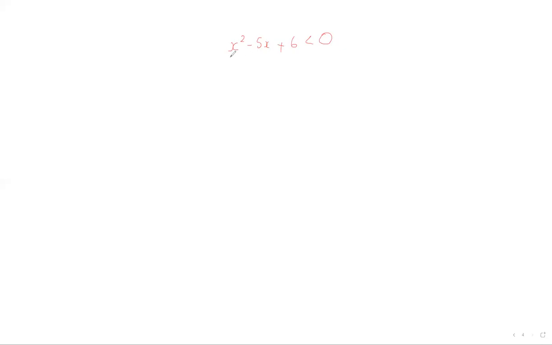But you know the factors here are x multiplied by x, factors of 6 are 3 and 2, negative 2, negative 3. Now, we have x minus 3 into x minus 2 is negative.